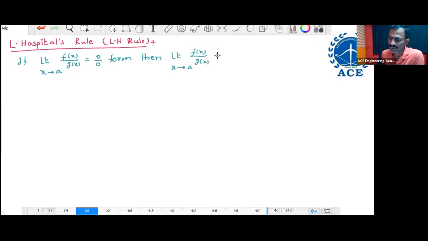So if we get a 0 by 0 form, according to this rule, differentiate numerator separately, denominator separately. It is something by something. Don't use the division rule to differentiate this. Don't use the d by dx of u by v formula. Differentiate the numerator function f of x separately. Differentiate g of x function separately. Don't use this division rule.